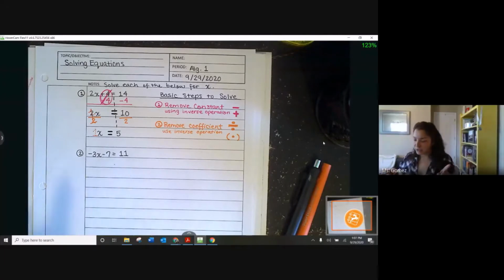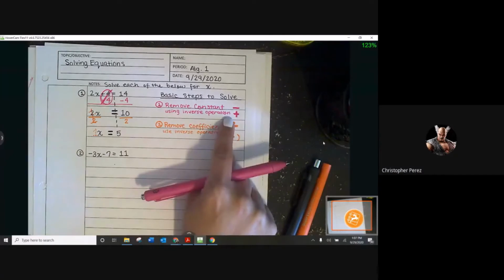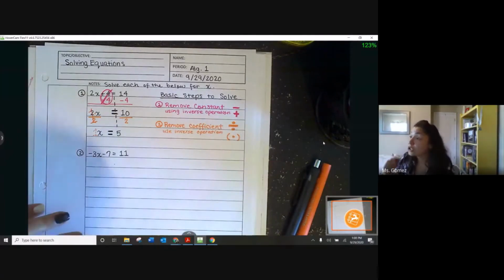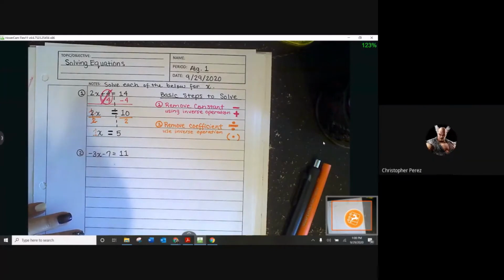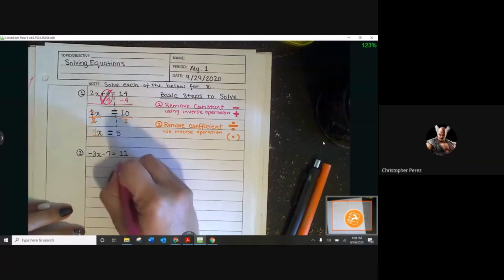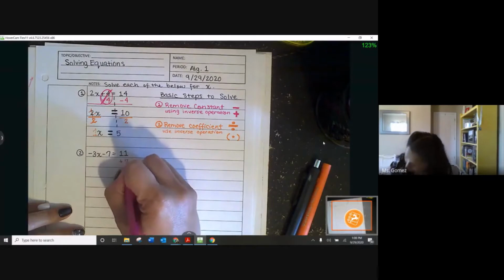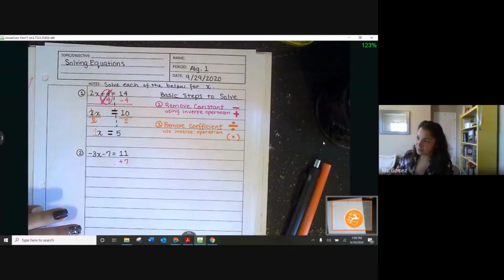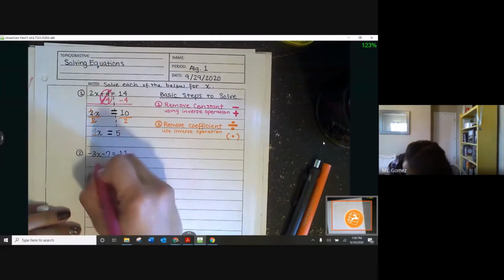Negative. Because it's negative, what's my inverse operation? Would it be positive? All right. So, what should I add 7 to? Be very specific. 11. Anything else? It's an obvious one that I didn't write down. From the negative 7 as well. Thank you so much.